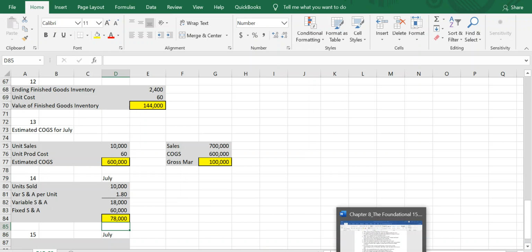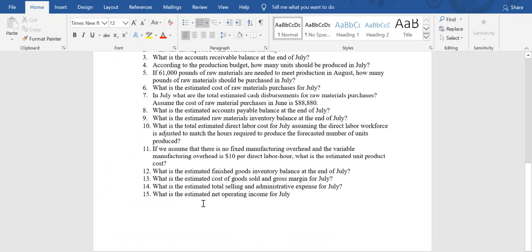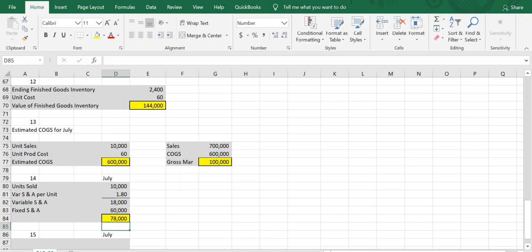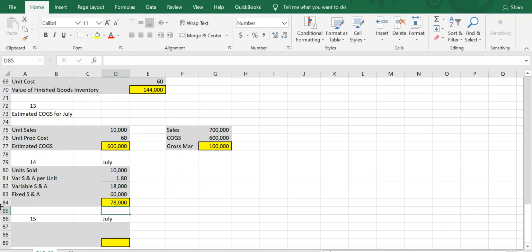Okay, now the final question on here is, what is the estimated net operating income for July? Well, we know what we calculated as the gross margin, so we're going to start with that. For number 15, we go back to this gross margin here of 100,000.